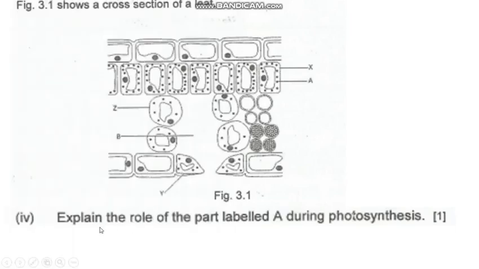So our next question reads, explain the role of the part labeled A during photosynthesis. So remember the part labeled A, we have just said these are the chloroplast. So what is the role of the chloroplast during what? Photosynthesis. So one thing we must know is that the chloroplast, they contain what we call chlorophyll.